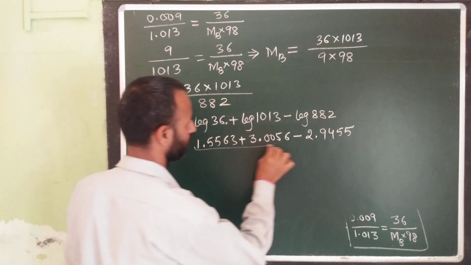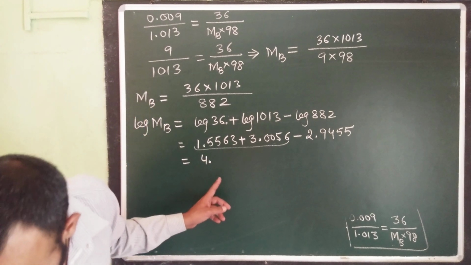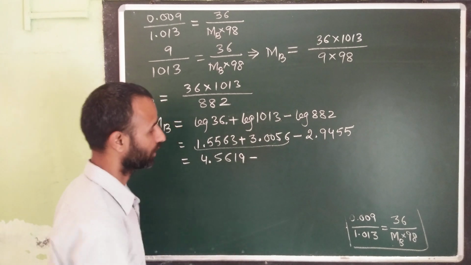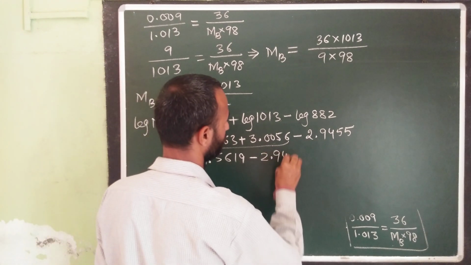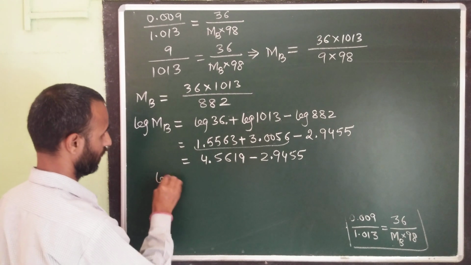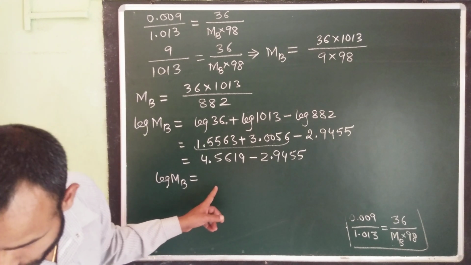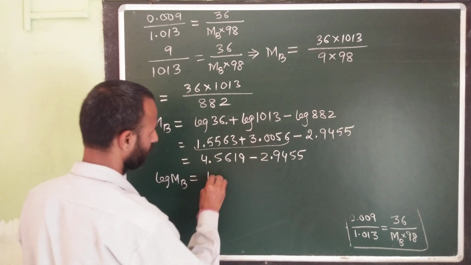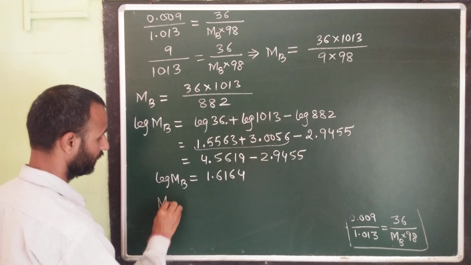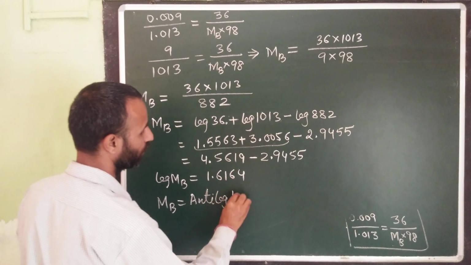Now from this we get 4.5619 minus 2.9455. So log of MB is equal to, value comes out to be 1.6164. So MB is anti-log of 1.6164.